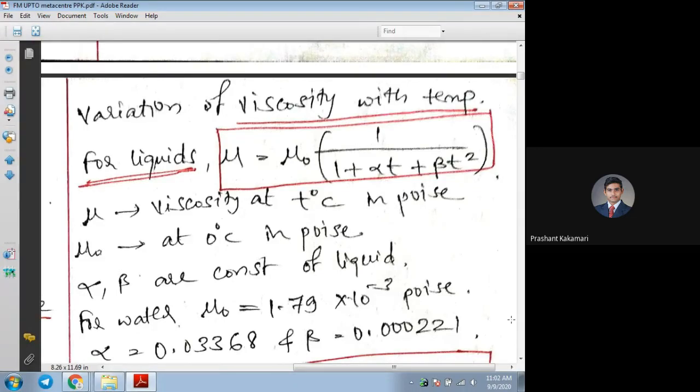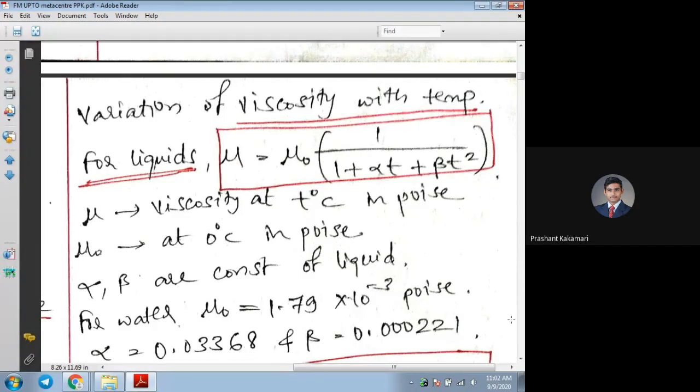So liquids, it will be affected with respect to temperature. If you see here, we have to consider two constants of the given liquid, and a standard viscosity for water, that is mu naught.